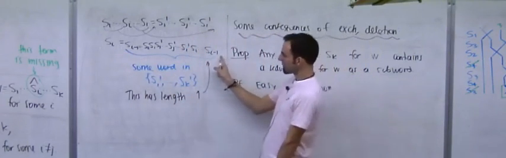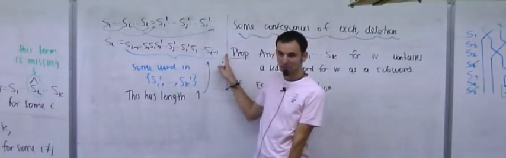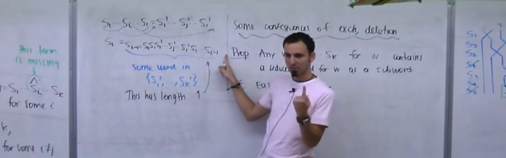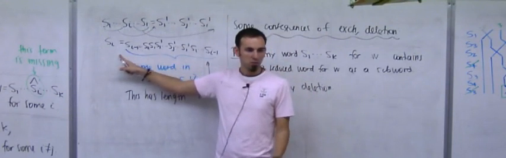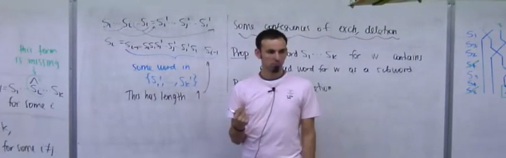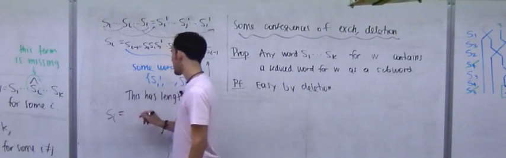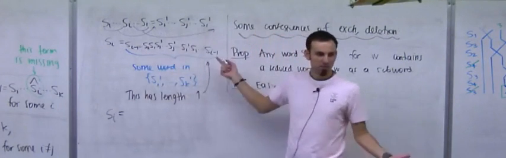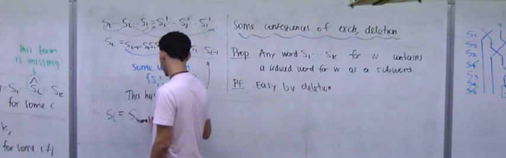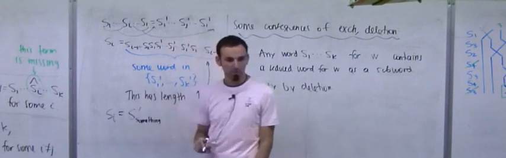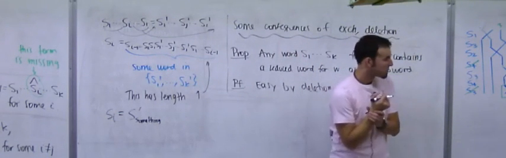And that means that this must be equal to some subword of one letter. I take this big long word, but really this has length 1, so I must be able to reduce it to a single letter. So what I get is si is equal to some subword of length 1, which is some s sub something prime. And that's it, because I assumed that this is precisely what I wanted not to happen.